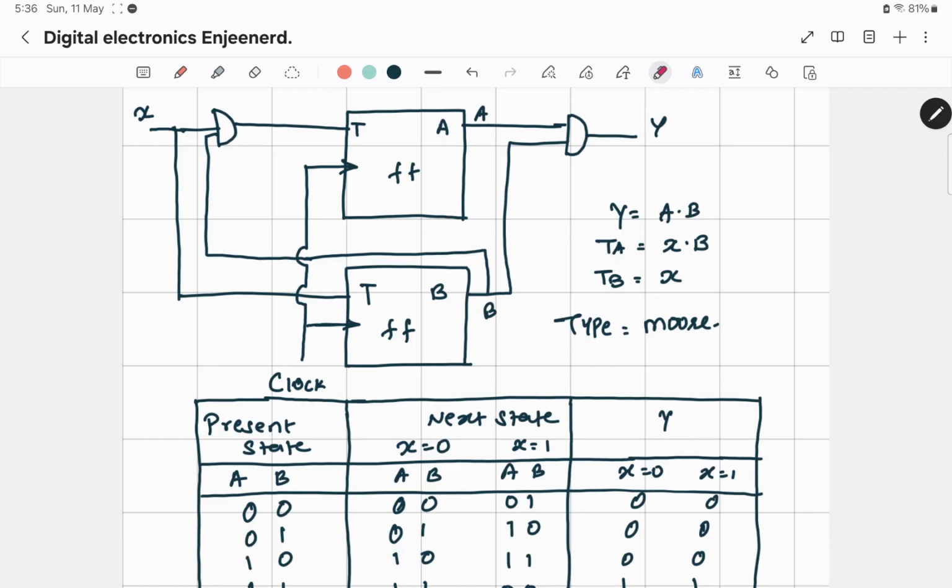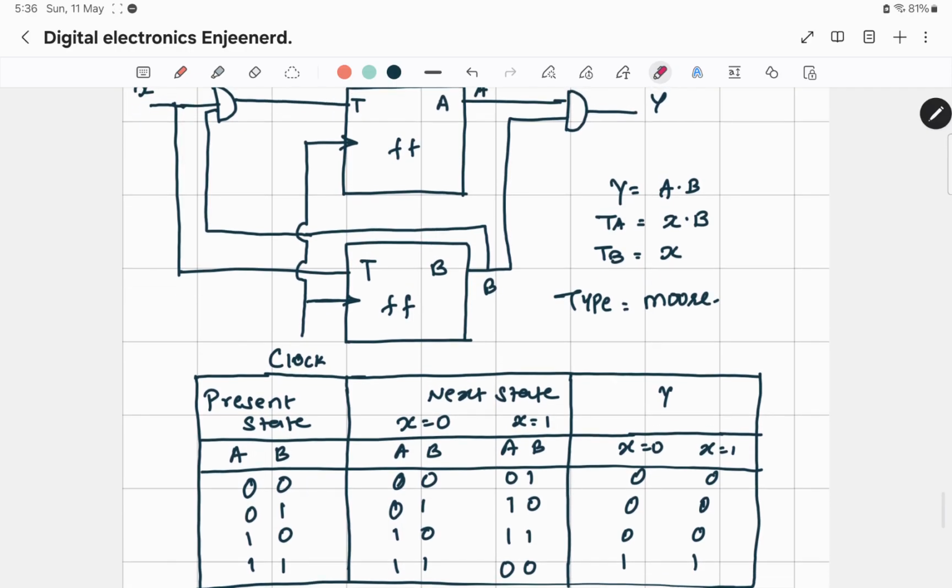Okay. Now we write down the present state. Since I have two flip-flops, A and B, how many combinations of the present state are possible? 4. So it could be 0 0, 0 1, 1 0 and 1 1. Then we have to write down the next state with both combinations of the input, X could be 0, X could be 1, and the corresponding Y. For X equal to 0, what is my new A and B?